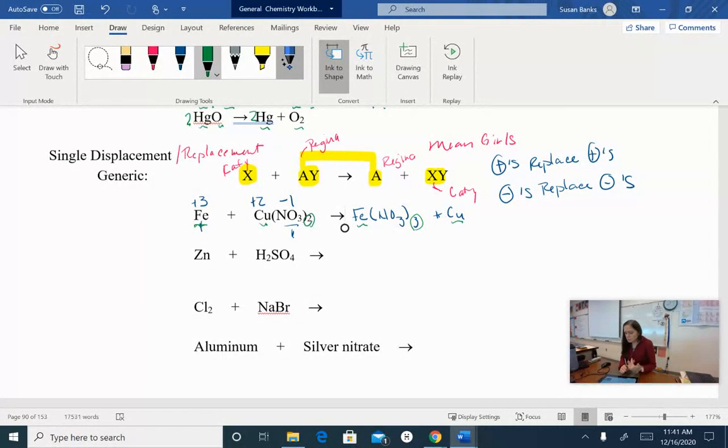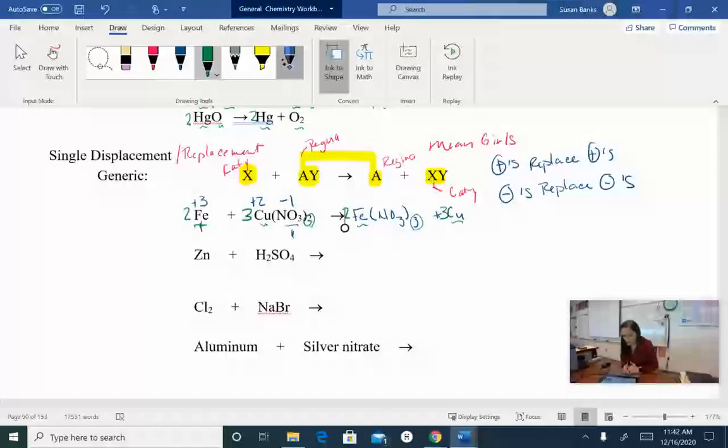My least common multiple between 2 and 3 is 6. So I need to multiply my coppers by 3. And I need to multiply my iron nitrates by 2. Which means I also need to go back and fix my iron and my copper. So I'm going to fix my iron by putting a 2 in front of it, and I'm going to fix my copper by putting a 3 in front of it.